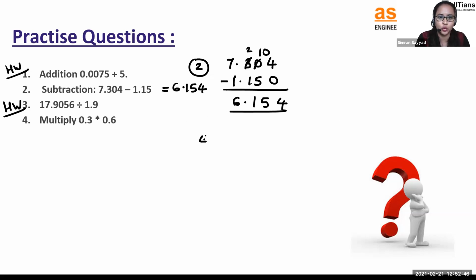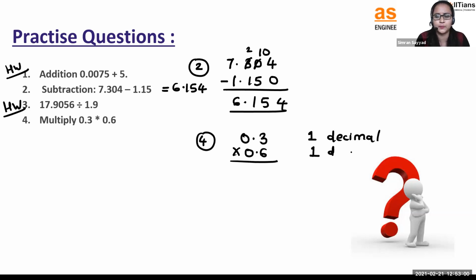Multiplication is my fourth question. 0.3 multiplied by 0.6. Do the normal multiplication. This is 1 decimal. The second term is also 1 decimal. Okay. 6 3s are 18. 1. 3 zeros are 0. 0 zeros are 0. 8. 1 0.